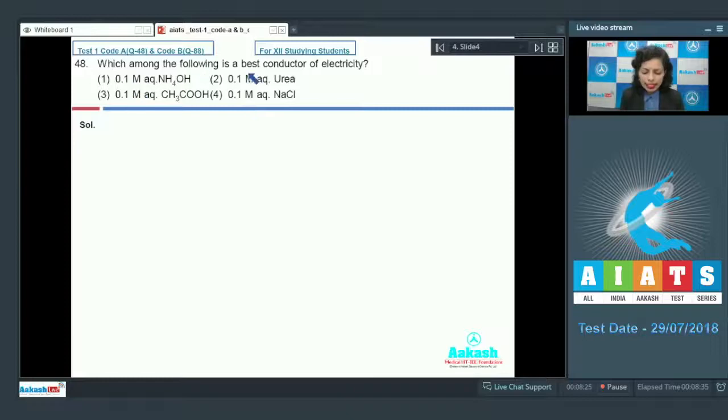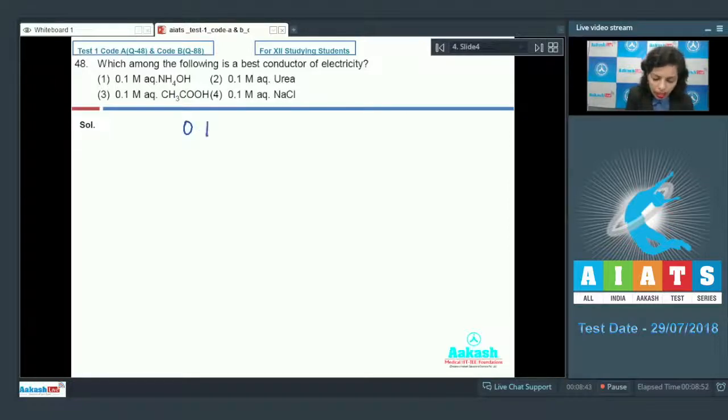In this case all have the same molar concentration, but electrical conduction depends on the number of ions produced, and we know that strong electrolytes produce more ions. So here we have the strong electrolyte, that is sodium chloride.